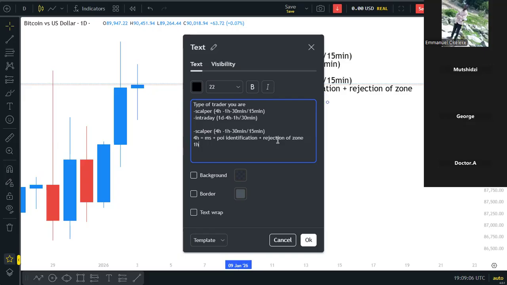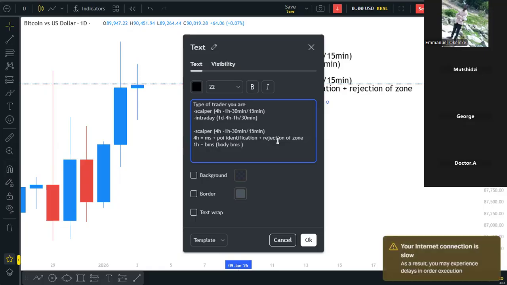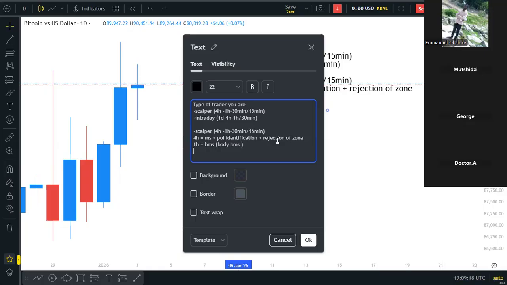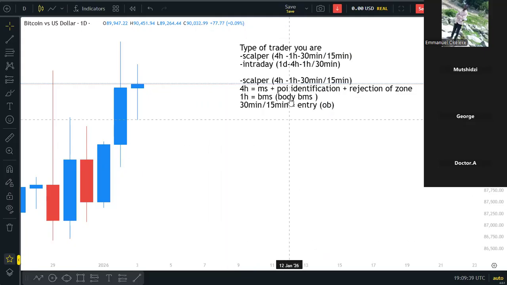For your 1 hour, what you look for is your BMS, a body BMS. For those that have gotten the past class video, you might have seen some of these things treated. Your 30 minutes slash 15 minutes is for your entry. Your entry might be an engulfing order block or the concept of OB. That is what you look out for as a scalper.